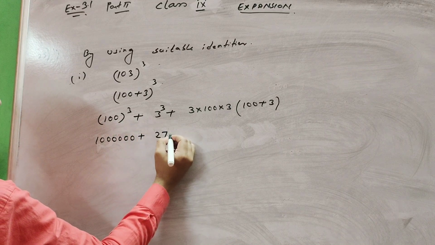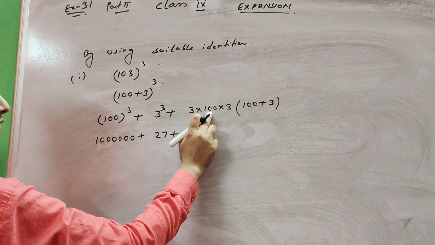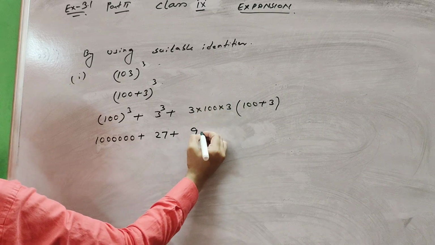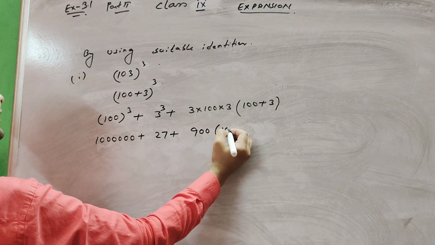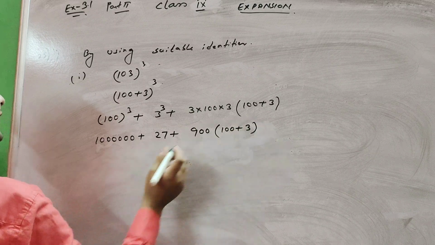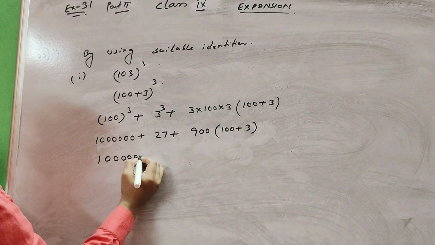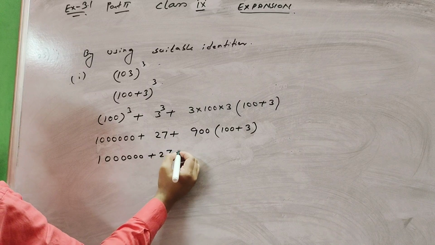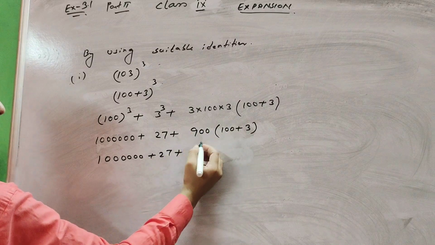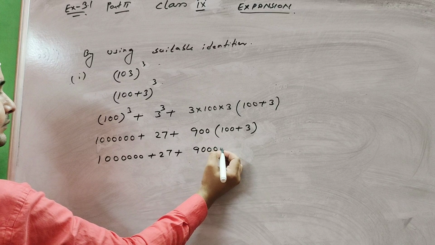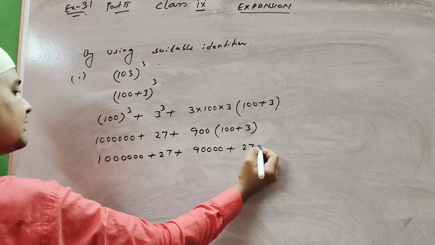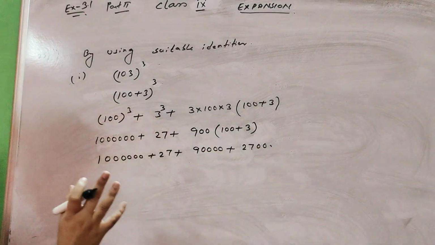3 cube is 27. 3 into 100 is 300, 300 into 3 is 900. 900 multiplied by (100 plus 3). Again we write down 10 lakh plus 27. 900 into 100 is 90,000, plus 900 into 3 is 2,700. Clear?